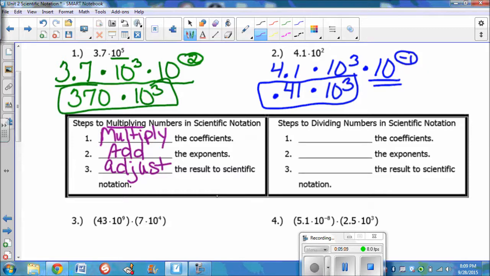We'll have to examine it and see if we need to adjust anything. What do we do when we divide numbers in scientific notation? We do the same thing. We divide the coefficients, and when we divide, we subtract the exponents, and then we may again need to adjust the result to scientific notation.